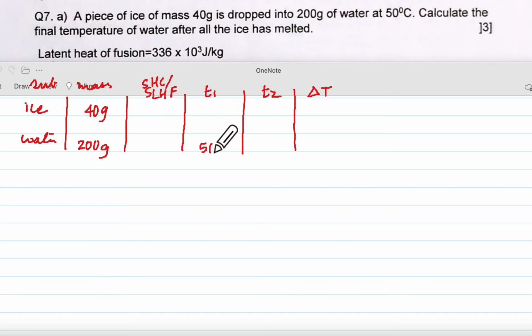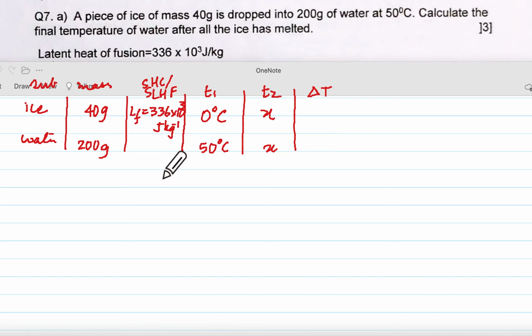Initial temperature of the water is 50 degrees C. Calculate this, and it is melting ice, so this will be 0 degrees C. Specific latent heat of fusion right over there, LF is 336 into 10 to the power 3 joule per kg.